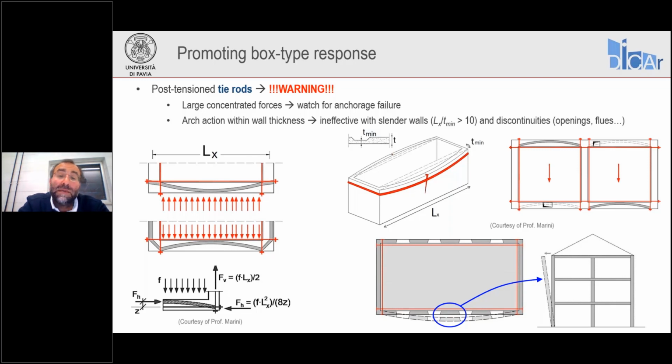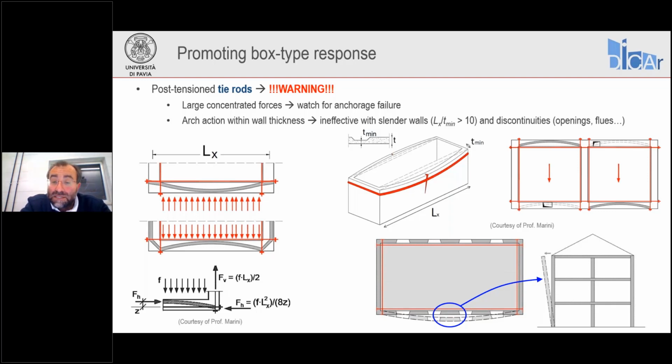Other problems can be created by openings, by flues, which are interrupting the arch action within the wall. And in some cases, you can see here at the bottom situation, this wall, what happens is that the central pier is basically free to develop a simple overturning mechanism. It feels no restraint from the tie rods, which are provided at the edges of that diaphragm panel.